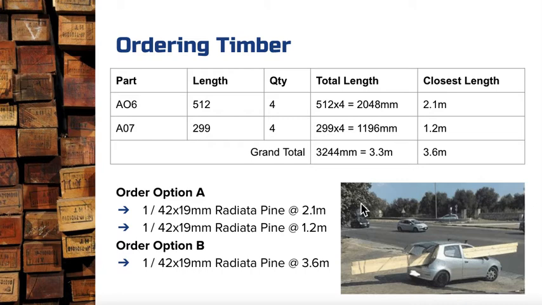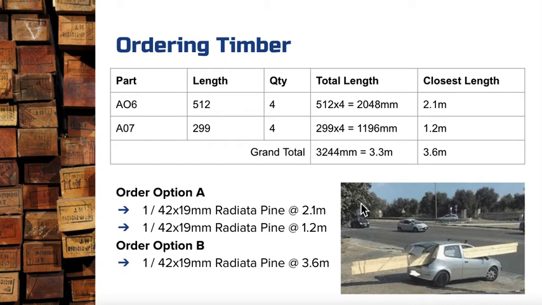And then it goes up by 0.3 of a meter for each size. So there's a 0.9, a 1.2, a 1.5, a 1.8, 2.1, 2.4, 2.7, 3, 3.3, 3.6, etc. Now that's how the sizes go up roughly.